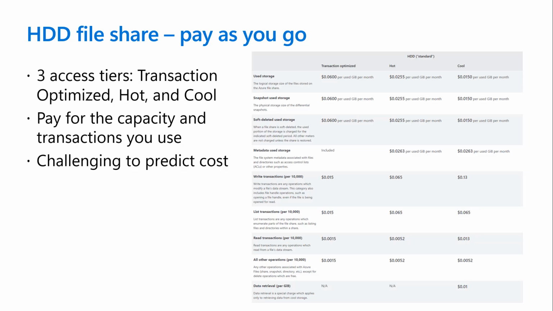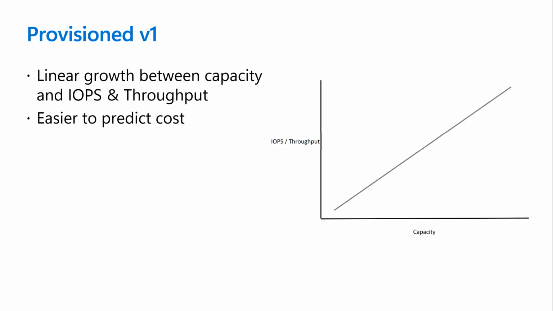However, one piece of feedback we received is that it is very hard to predict the cost of ownership of these file shares upfront. An alternative is the provisioned billing model, which lets you set capacity and scale IOPS and throughput linearly. This helps control the total cost of ownership of the file shares upfront.